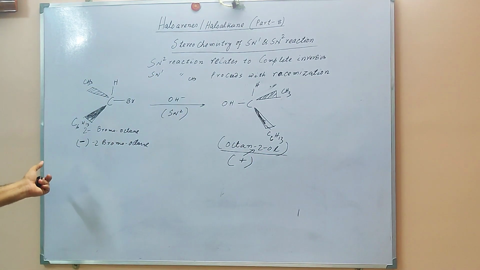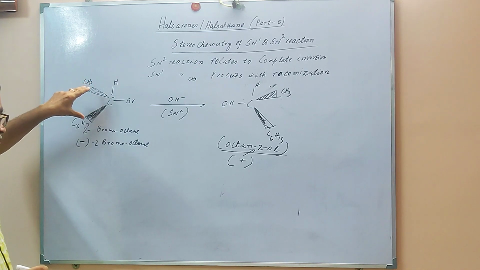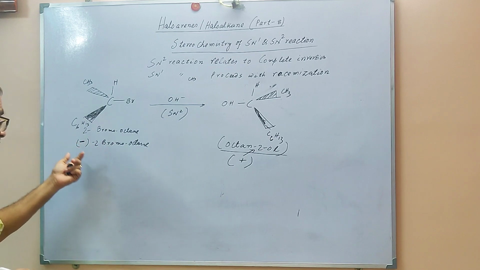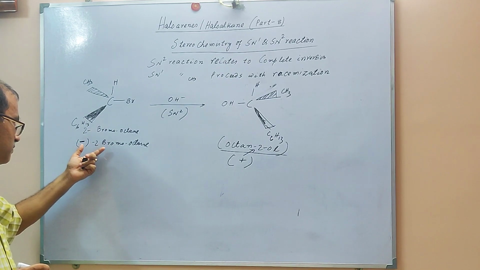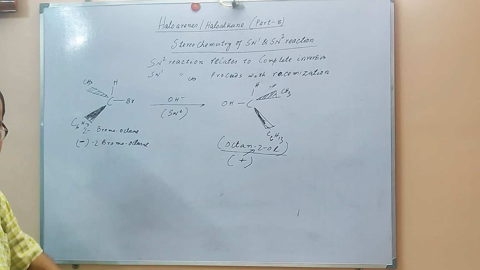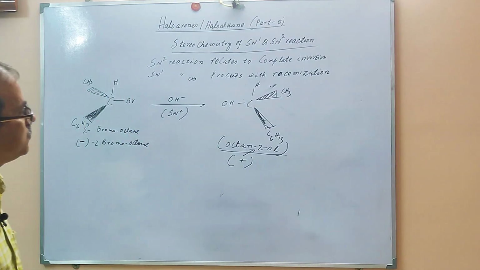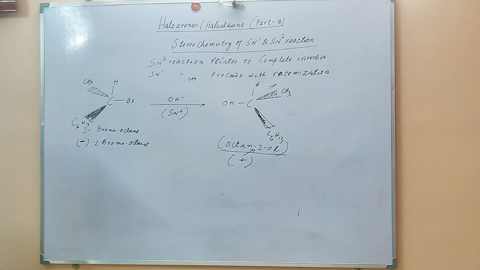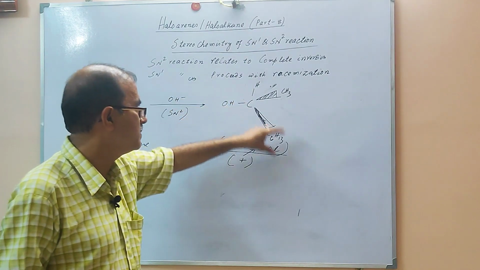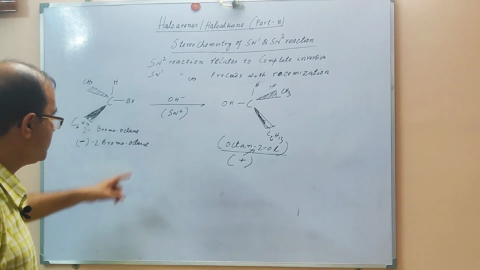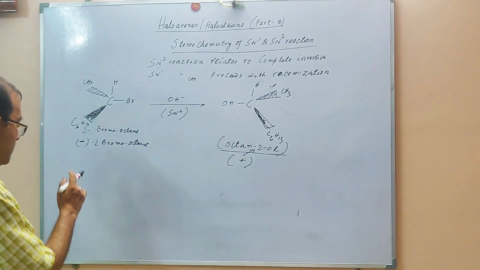So you can see that before the reaction this compound was minus, that is levorotatory. Now this has changed to octane-2-ol as a plus. So there is a complete inversion of the product after the Sn2 reaction.